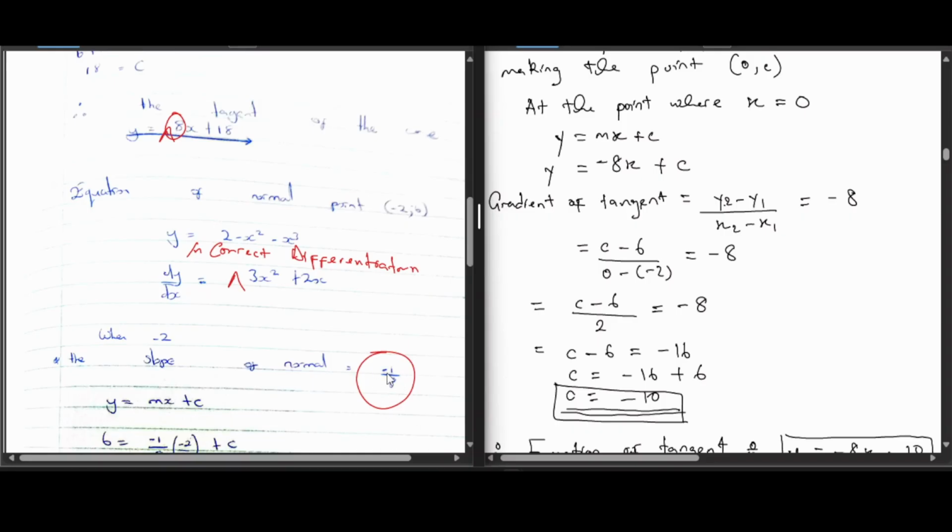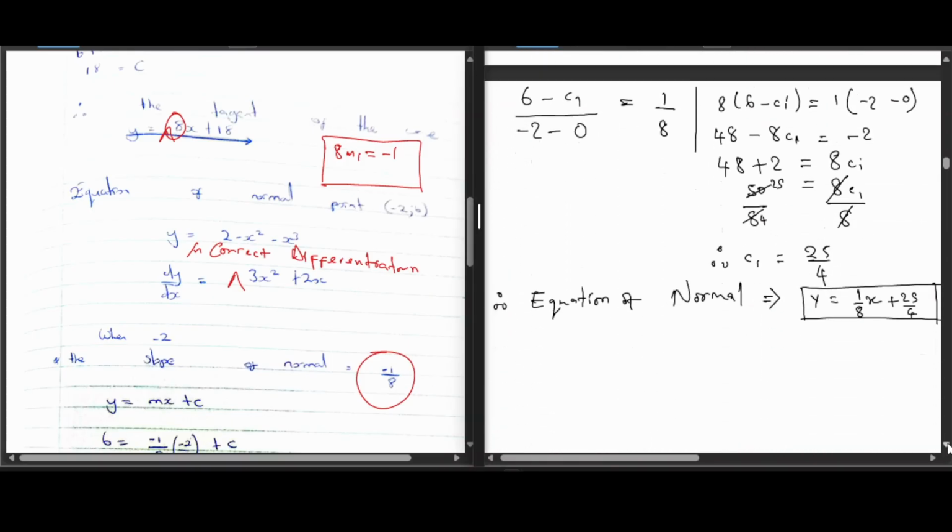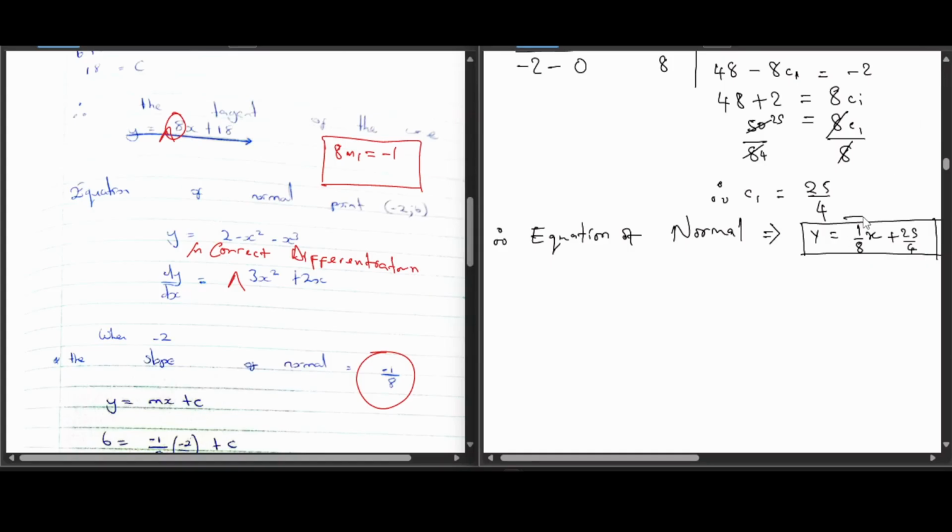And this -1/8, if we take 8 and say 8 times m1 is equal to -1, it arrives at -1/8, but it should not be -1/8, it should be 1/8, like what we did here, like this 1/8.